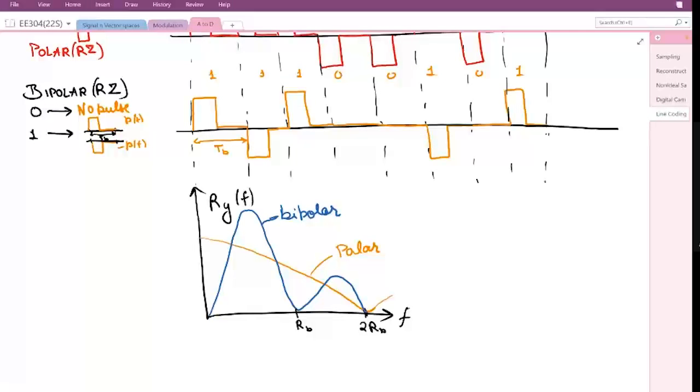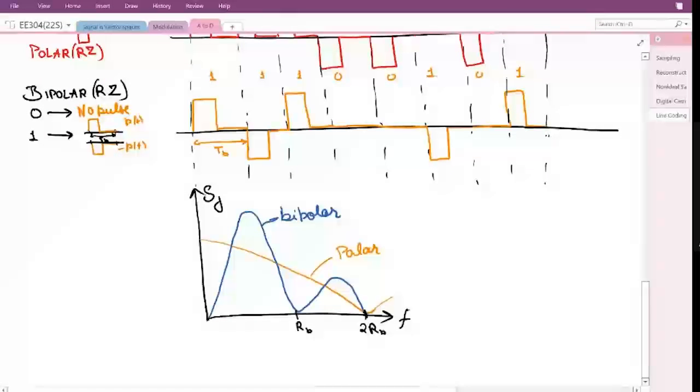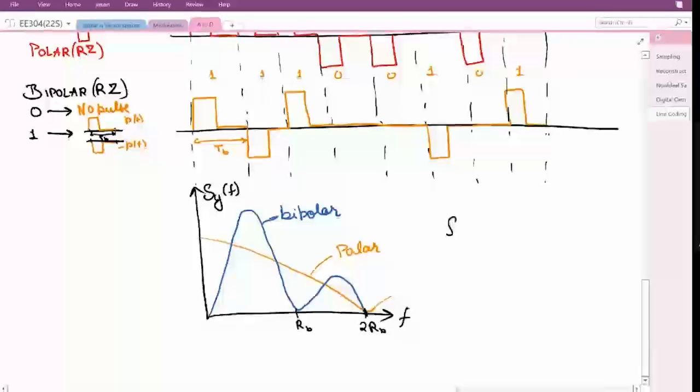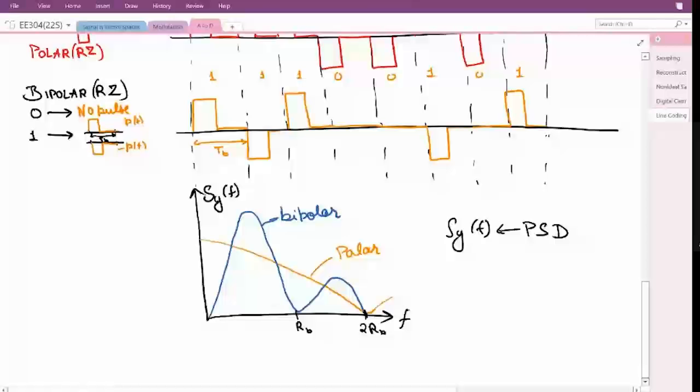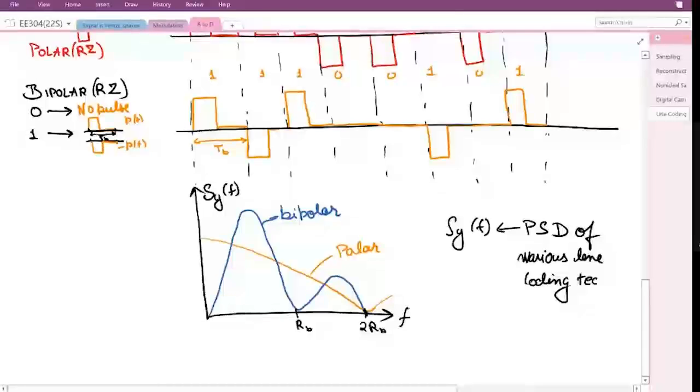If we see the power spectral density, this is not R, this is S, and S_Y(f) is the PSD for various line coding techniques. Then we can make it out.